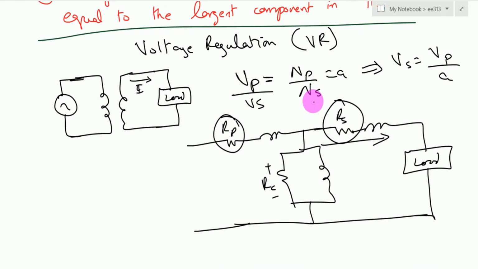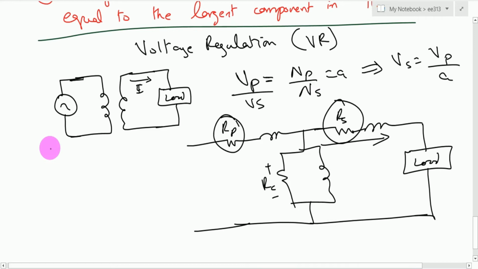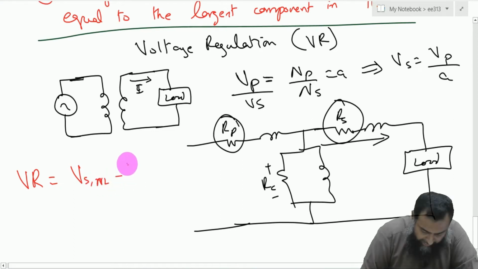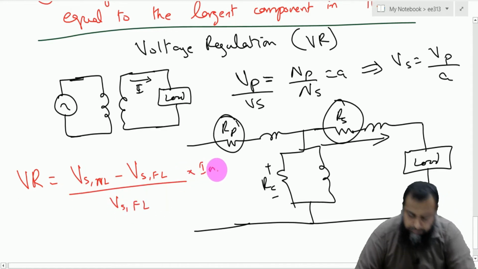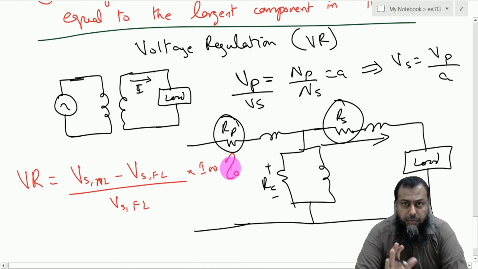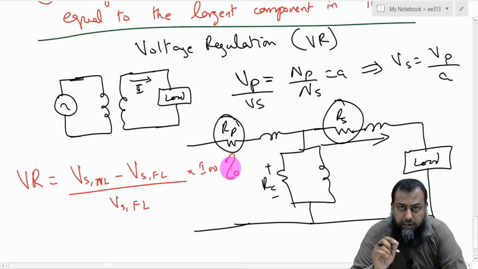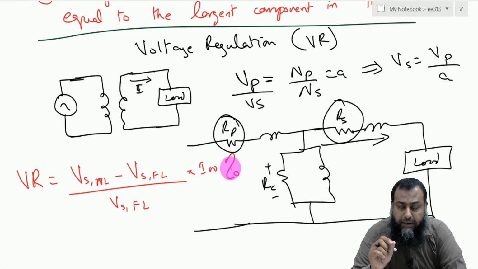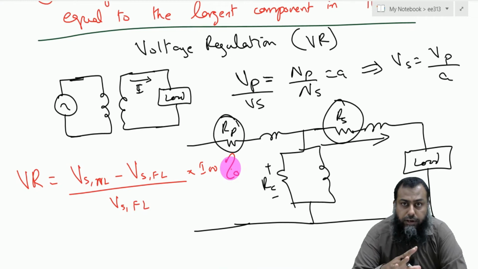So the voltage regulation of a given transformer, VR, is equal to the voltage of the secondary at no load minus the voltage of the secondary at full load, divided by the voltage of the secondary at full load, multiplied by 100%, right? We want a transformer where the secondary voltage remains essentially the same irrespective of the loading condition, whether it is open circuit or fully loaded.